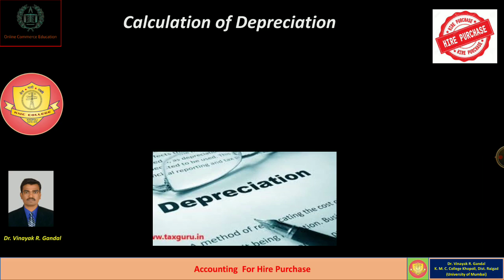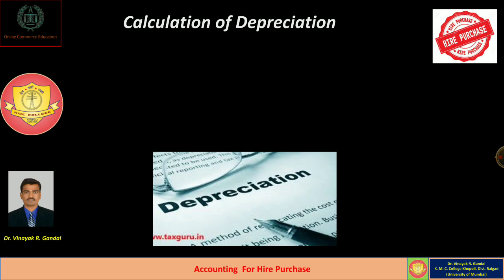Next concept of hire purchase system is calculation of depreciation. As you know, depreciation is the reduction in the value of assets by physical wear and tear. Normally depreciation is to be calculated properly and charged on the asset at the time of year end in each year.